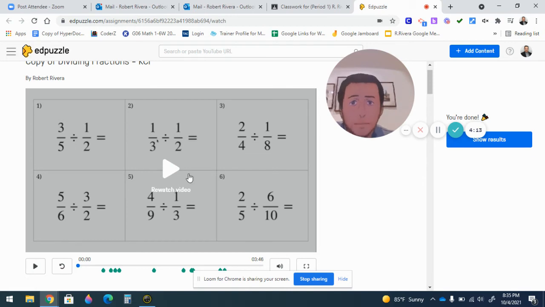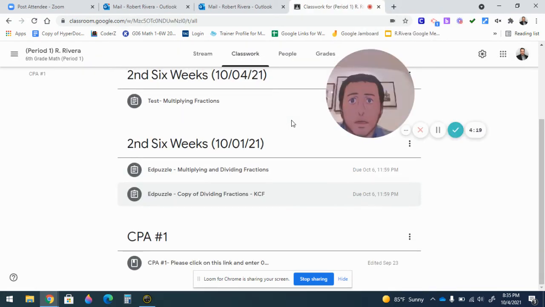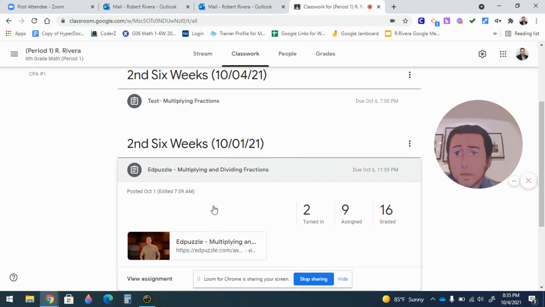Once you're done with the Edpuzzle, you click the tab again, and you'll be able to go to the next one, which is multiplying and dividing fractions. This is going to be for a test grade, so make sure that you're trying your best. I see some of you just clicking away, not really paying attention to the video. You need to get your journal out always, and if you have to calculate stuff, you have to calculate stuff.